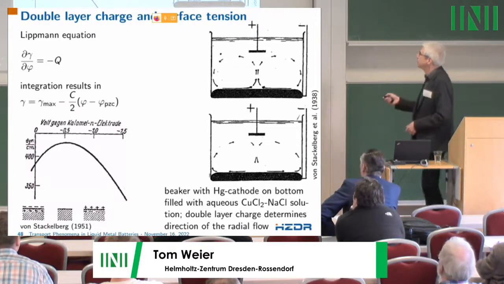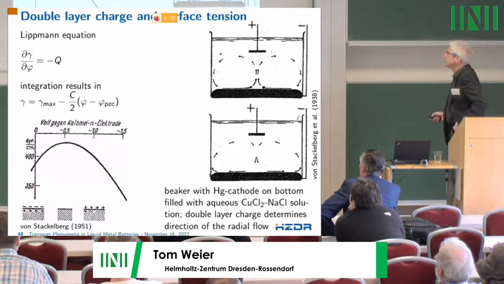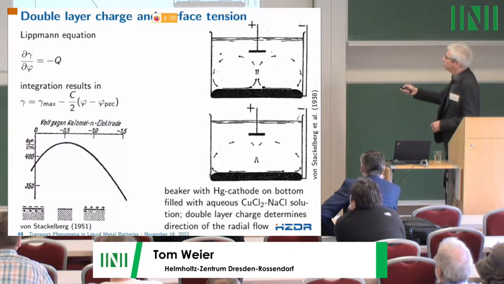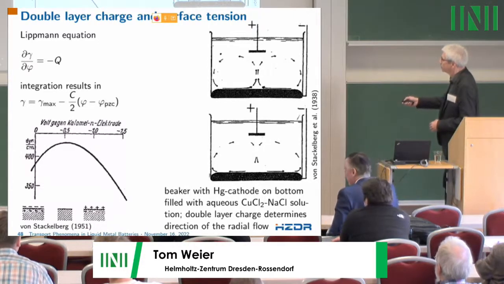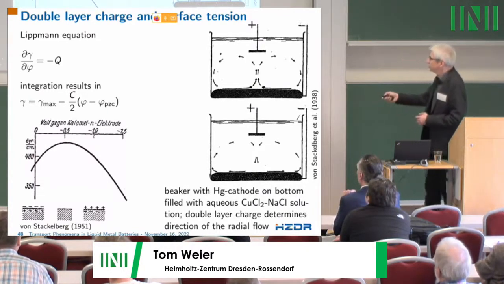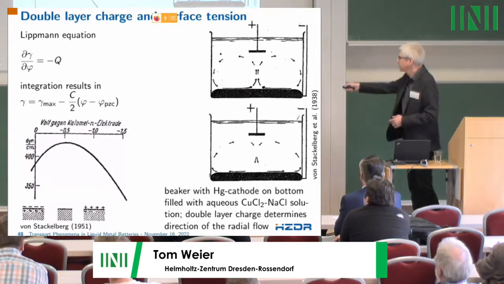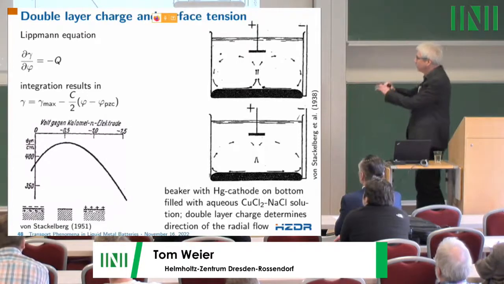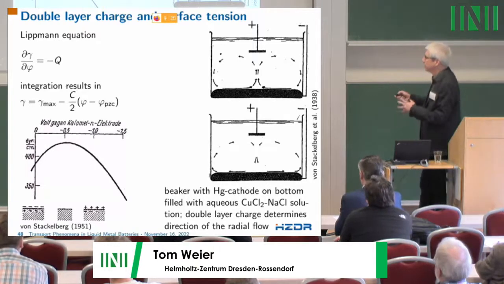The basic idea is the Lippmann equation from 1873, which tells you that the interfacial tension, also shown here, depends on the charge that you have at the double layer. So this is a sketch from von Stackelberg of the double layer. As soon as you have a charge distribution, either way, negative, positive, or positive, negative, along the interface on both sides, you will decrease interfacial tension.